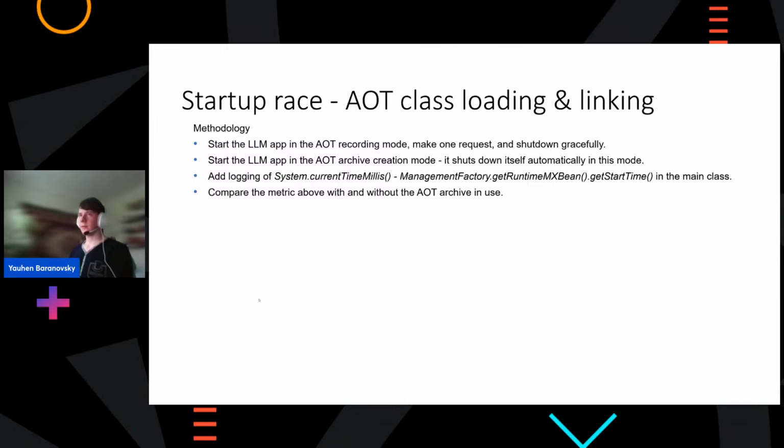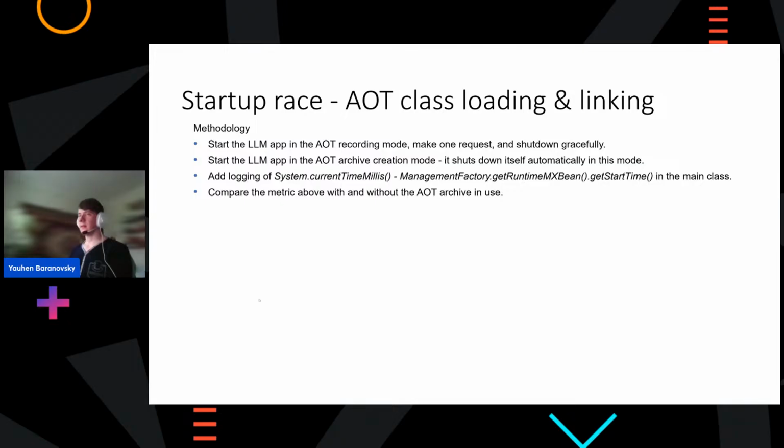And the methodology was to start the LLM application in the recording mode, make one request and shut down. Then start the LLM up to create the AOT archive. This is the second phase.